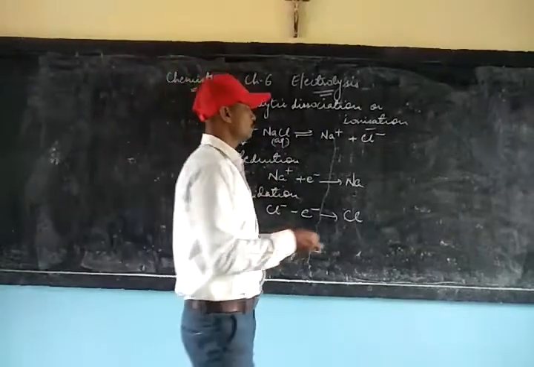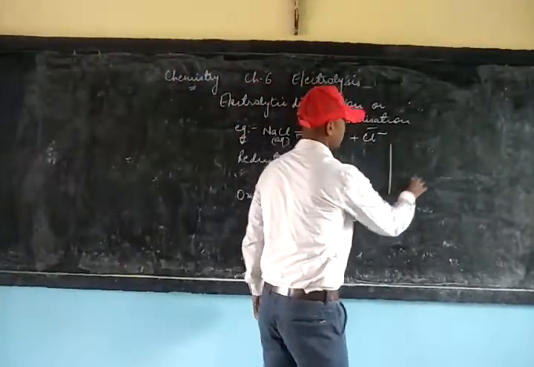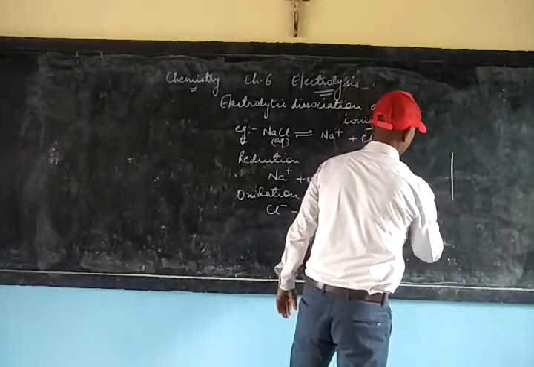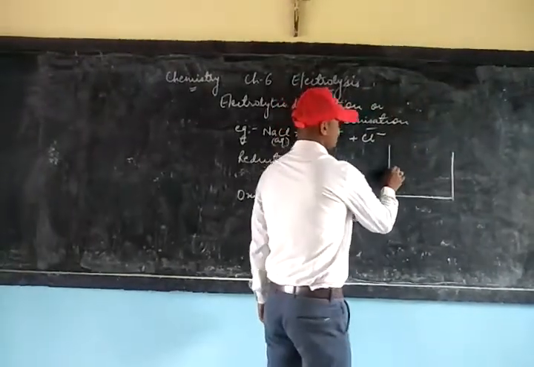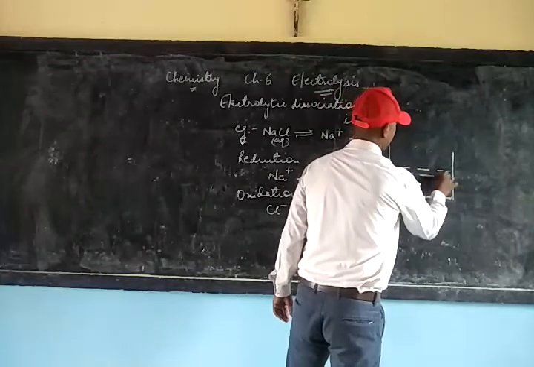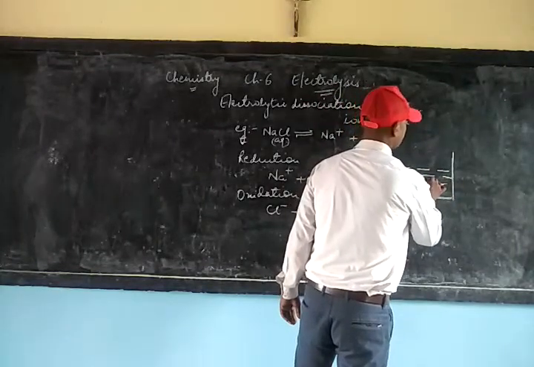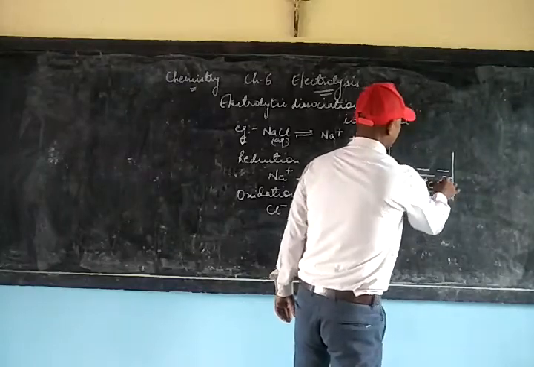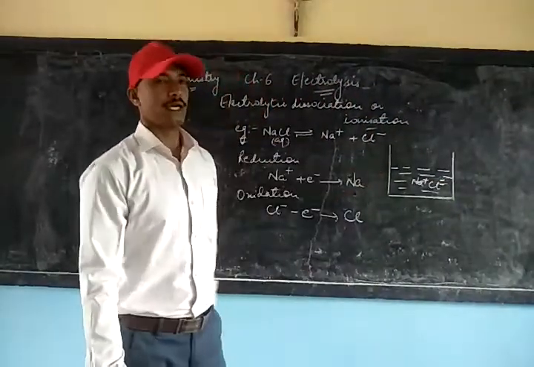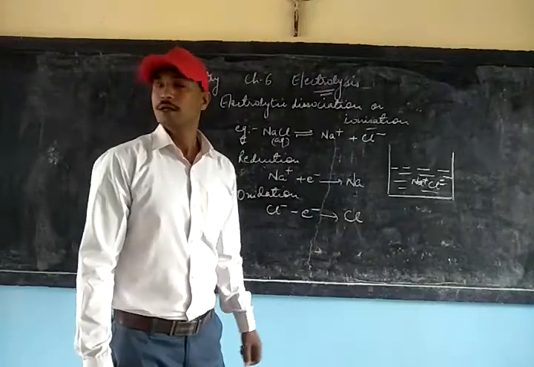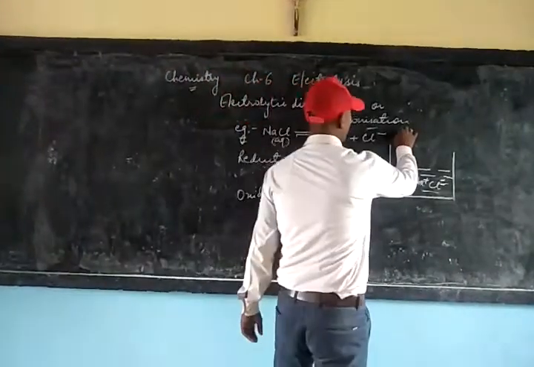If I show you, say this is an electrolytic cell with sodium chloride solution in it. This is sodium chloride, which will be dissociated to give Na plus and Cl minus ion. Now there are two electrodes.